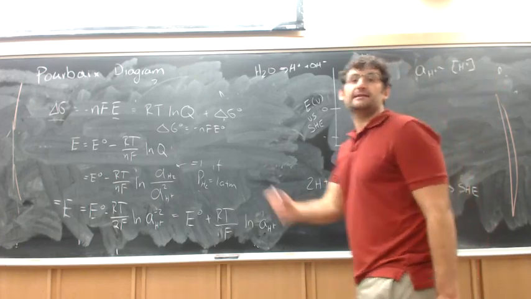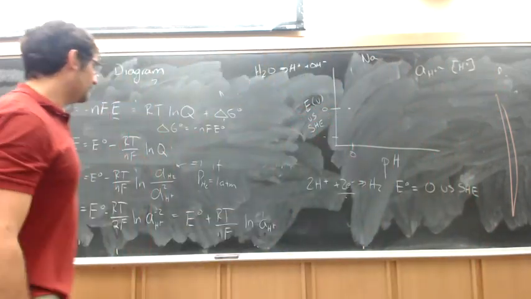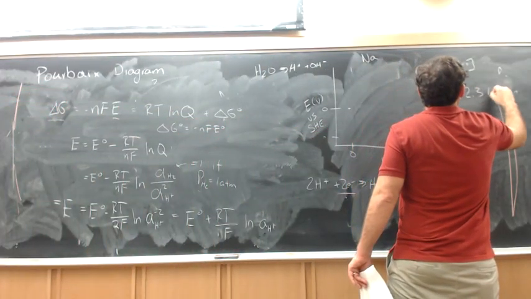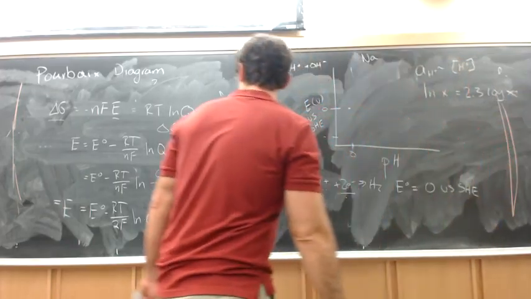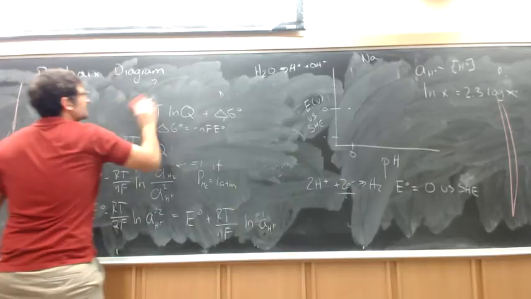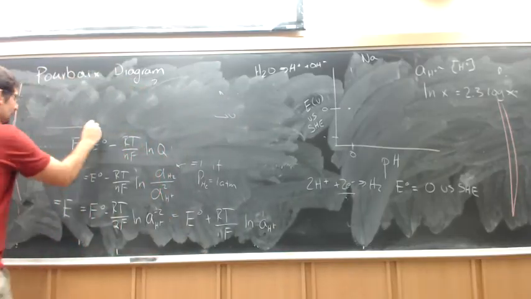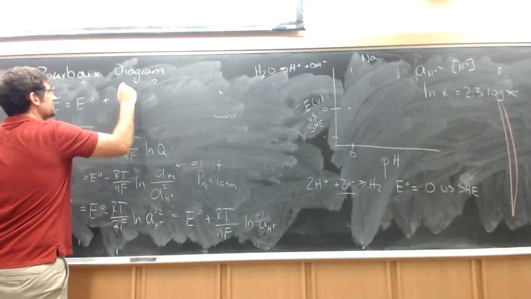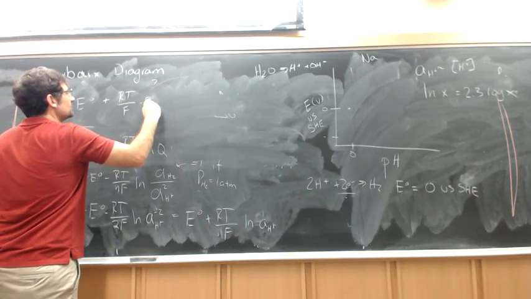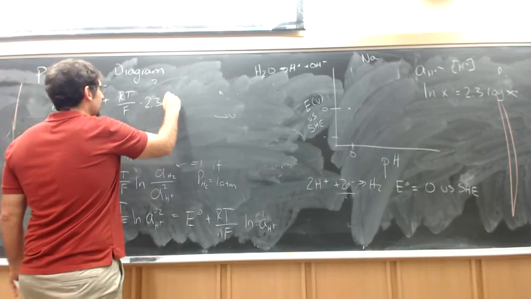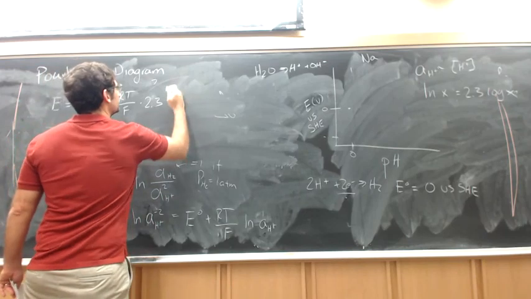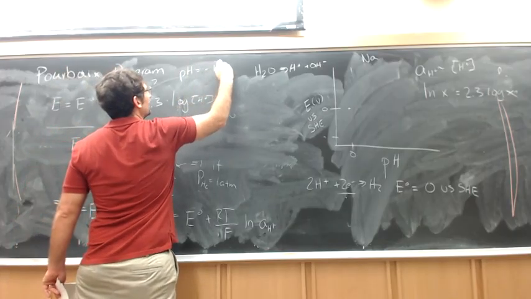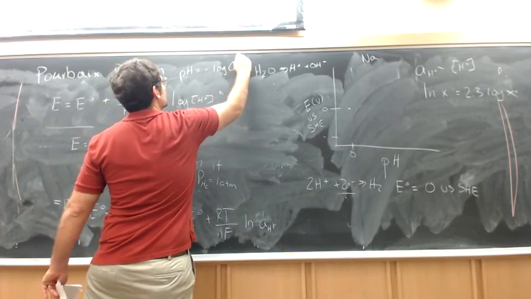If we take our reference state to be 1 molar, and we assume activity effects are negligible, and the other thing we need is ln x equals 2.3 log x, then we get quite straightforwardly that E equals E naught plus RT over F times 2.3 times log of H plus, and pH equals negative log of the H plus concentration.